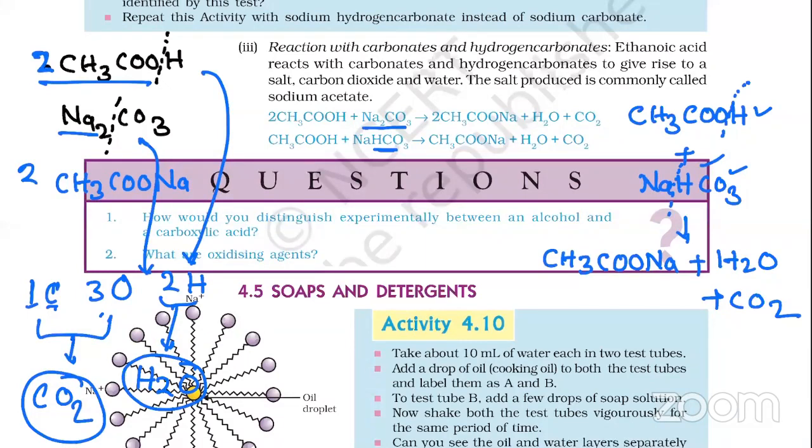What will be the product? We have done this equation a few minutes ago.